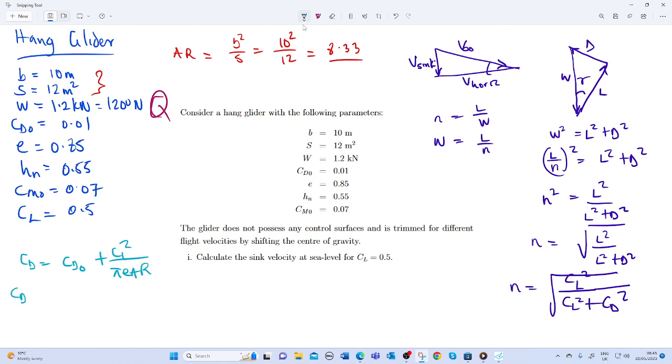That gives us CD equals, by slotting in all our values, 0.01 plus 0.5 squared over 3.14 times 0.85 times 8.33. That gives us our CD to be 0.0213.